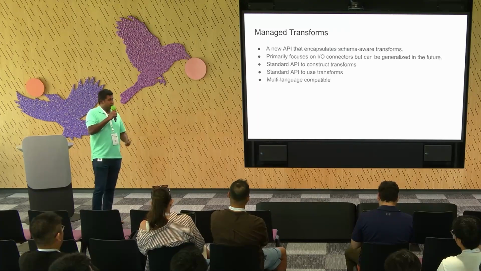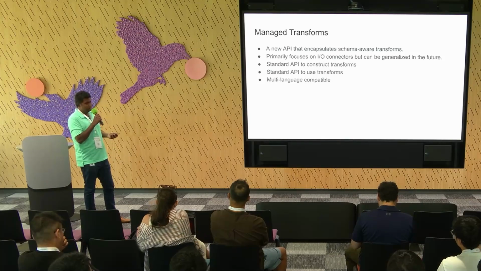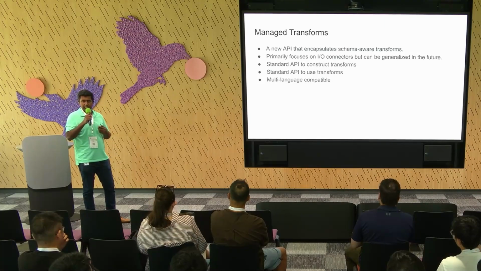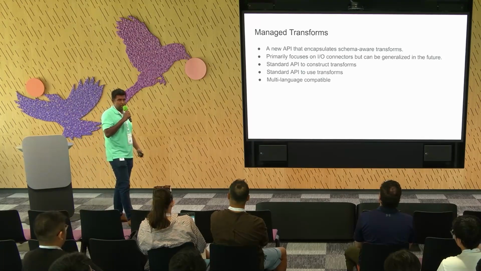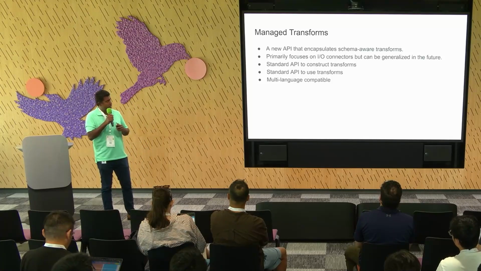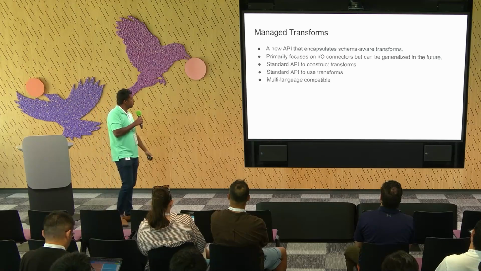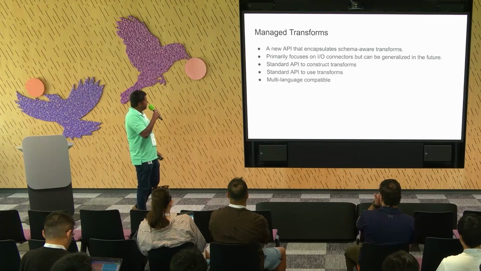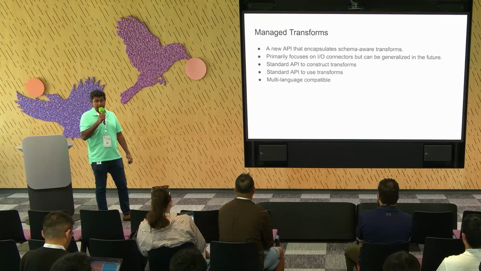So what are managed transforms? Managed transforms is a new API that we introduced to Beam that encapsulates a number of schema-aware transforms. We currently primarily focus on I/O connectors, sources and sinks, but in the future, this can be generalized to support other transforms. Managed transforms offer a standard API to construct them.